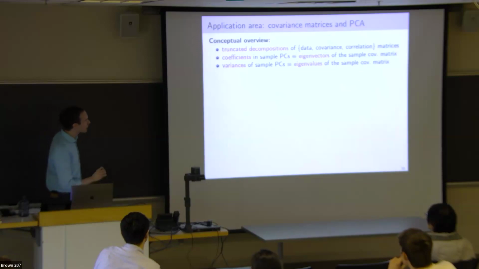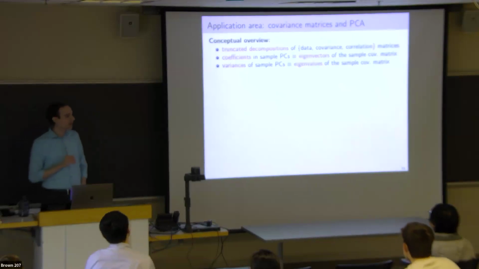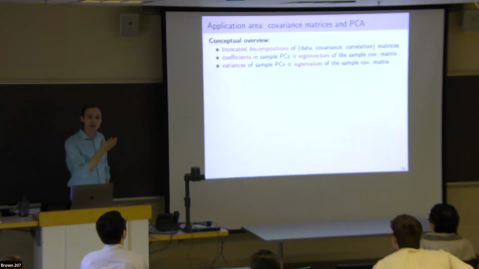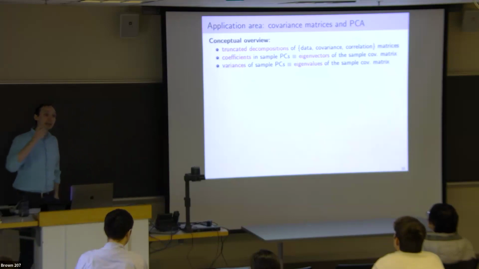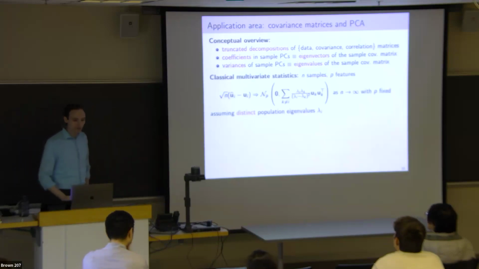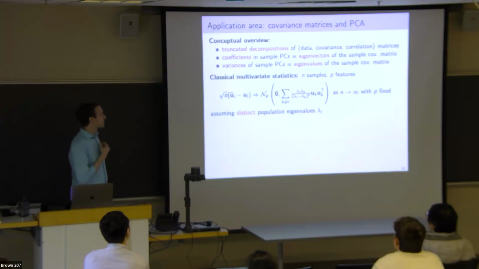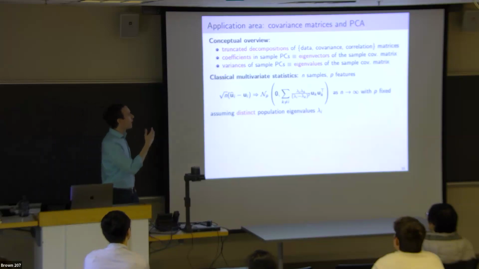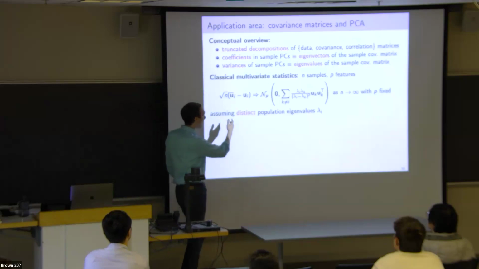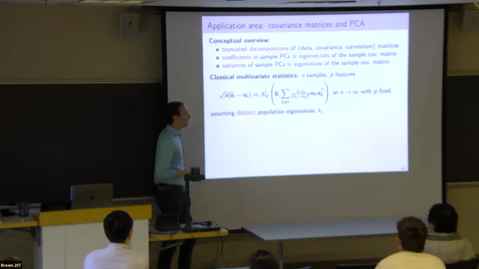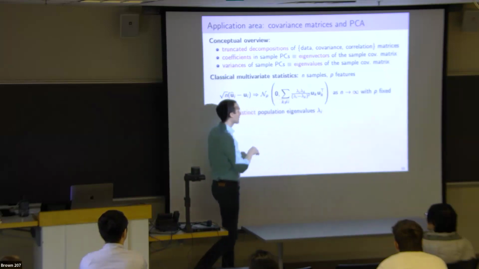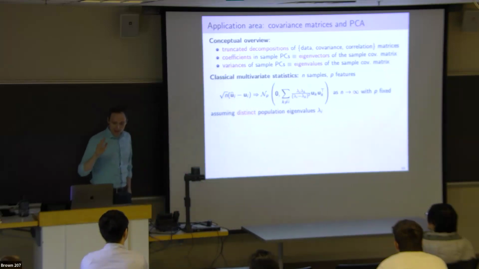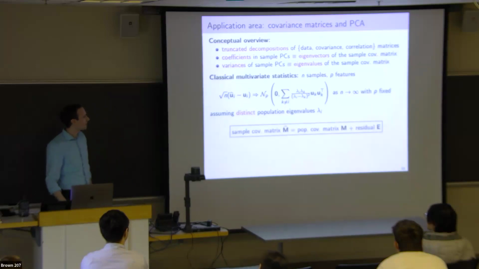If you've encountered principal component analysis, then you'll have seen that eigenvectors and eigenvalues have a very clear interpretation in terms of the coefficients, right, and the variances when you're working with the sample covariance matrix. There are some very classical results in multivariate statistics about how well your sample eigenvectors estimate your population eigenvectors in the classical regime where your sample size increases but your dimensionality is fixed, under assumptions like distinct population eigenvalues.